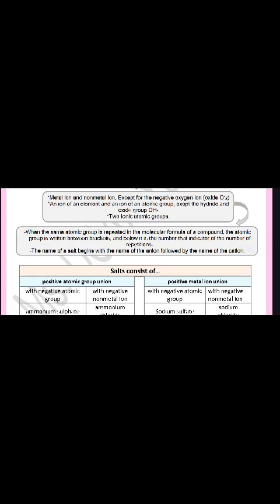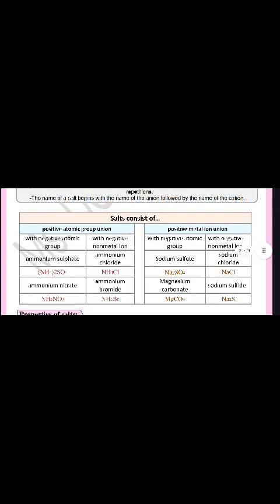The name of a salt begins with the name of the anion. We start the salt name with the anion, followed by the name of the cation. As you can see, salts consist of two sides or two sections.